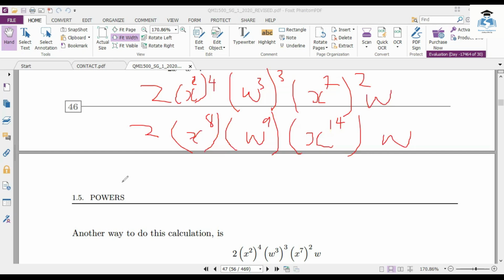Then remember, we are multiplying x times x, so for x we do 8 plus 14.